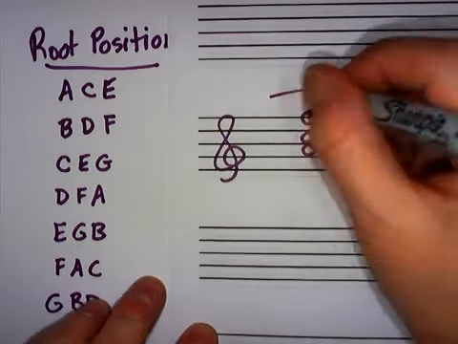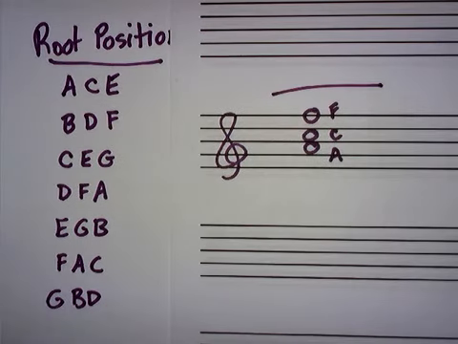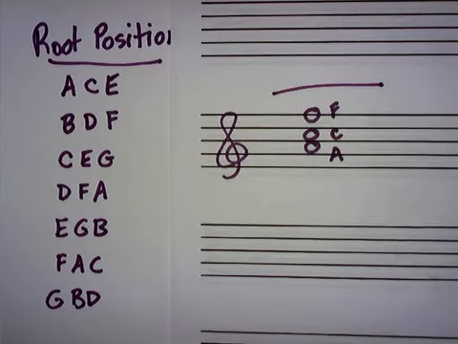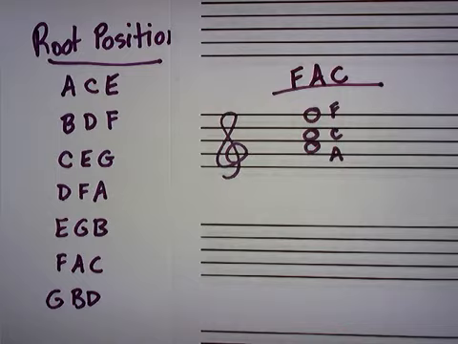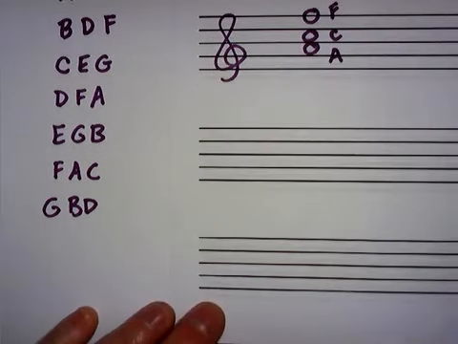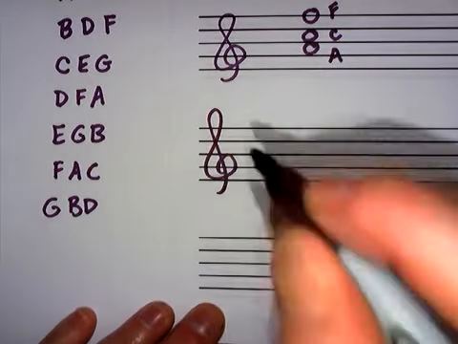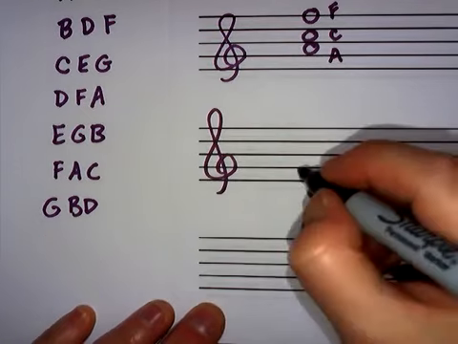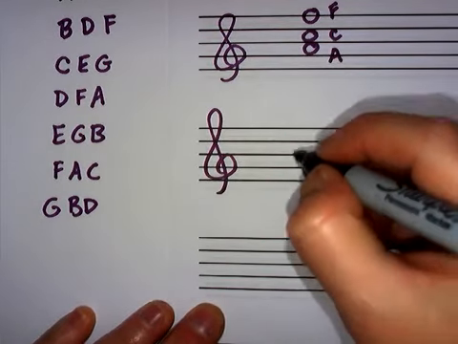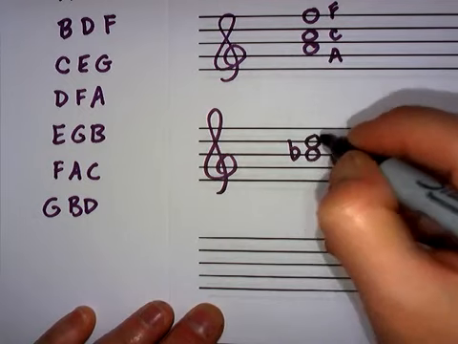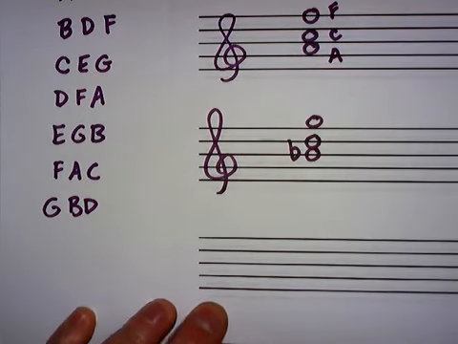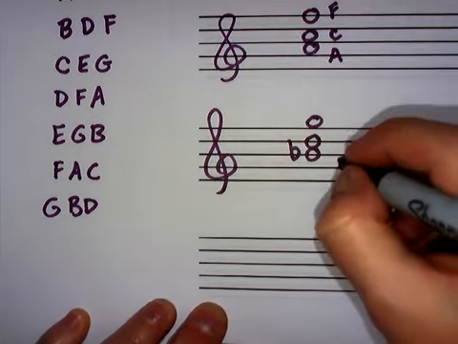So if I ask you to write, let's just say this is a blank space on your homework, and you're supposed to write the root position spelling, the correct answer is F-A-C. Now I'm going to do the next one with accidentals. Okay, so we'll stay in treble clef, and this time I'm going to have B flat, D, and G. Okay, so let's write those down.